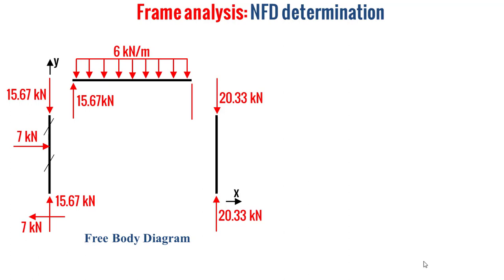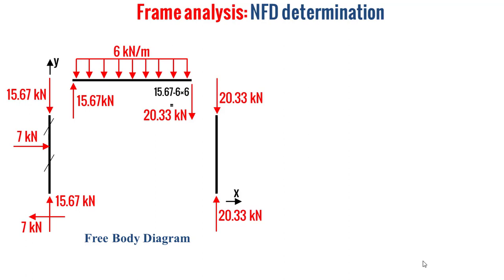At the right-hand edge of the beam, we have the force equal to 15.67 kilonewton as the shear force applied at the left-hand edge of the beam minus the UDL 6 kilonewton per meter multiplied by the span 6 meters, which will give finally minus 20.33 kilonewton, which is 20.33 kilonewton but applied in the opposite direction of Y.